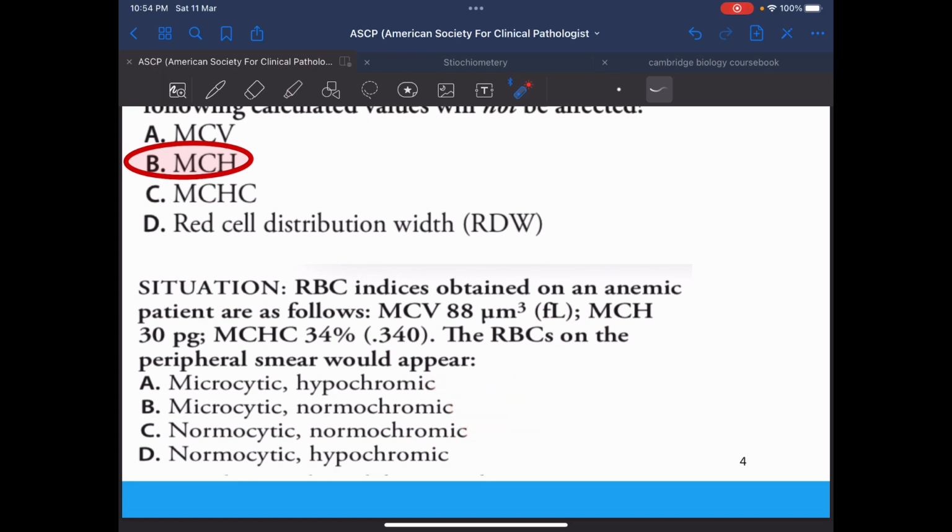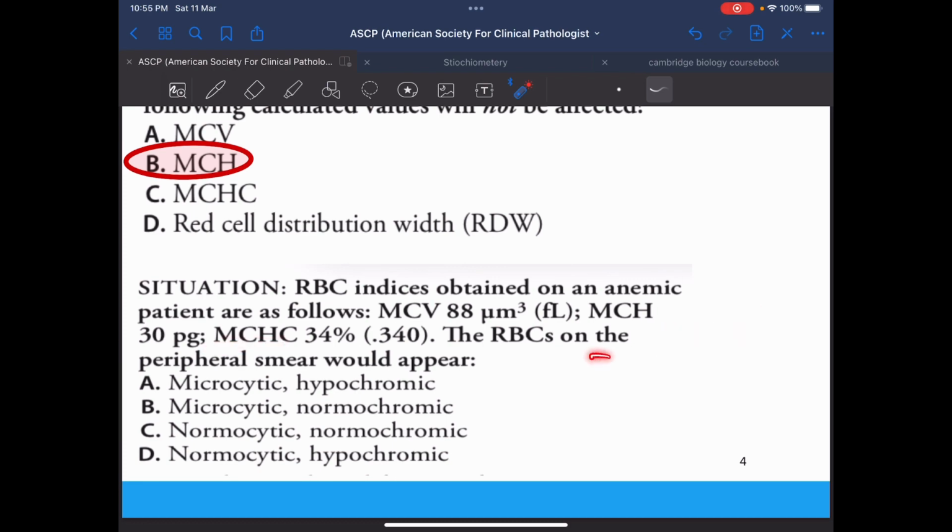If we look here, MCV is normal because the normal reference range is 80 to 100. MCH is 30, which also is normal.